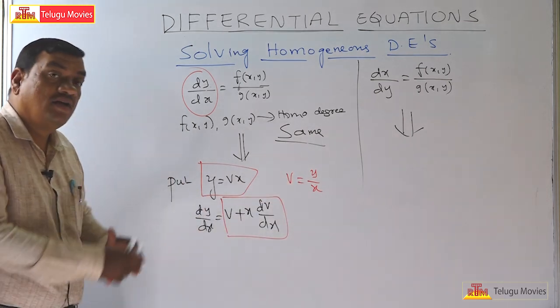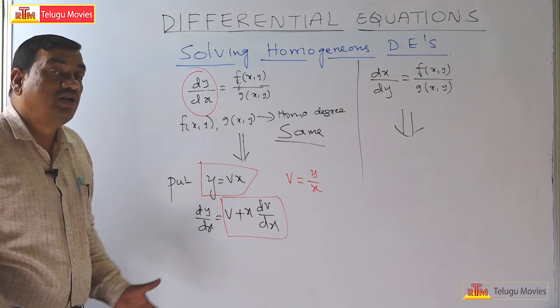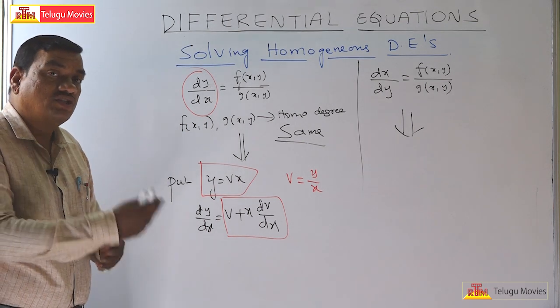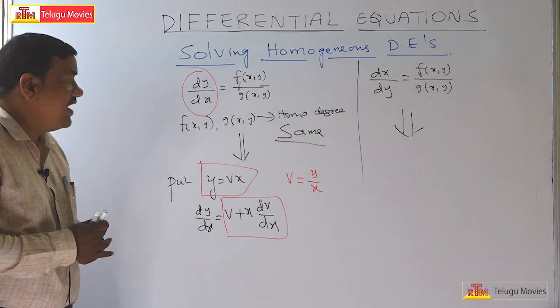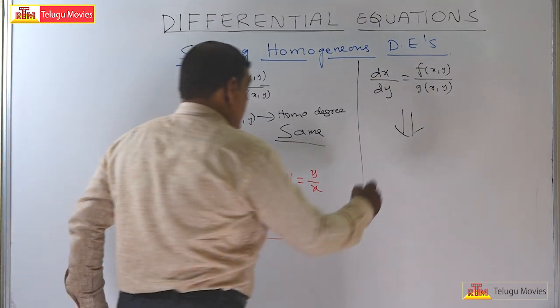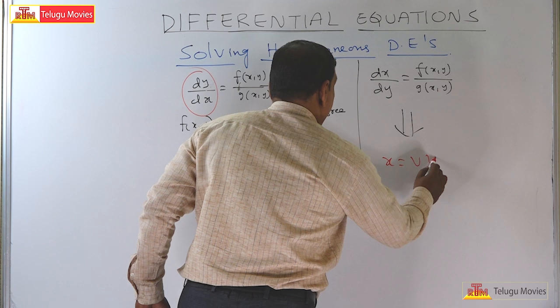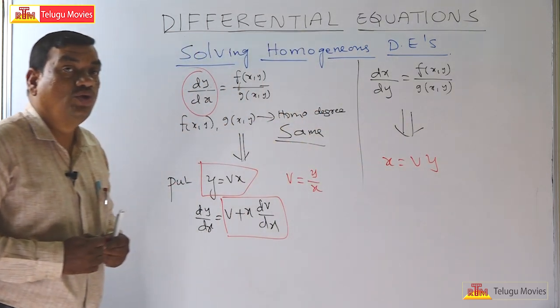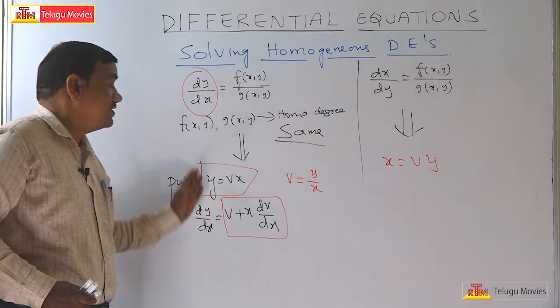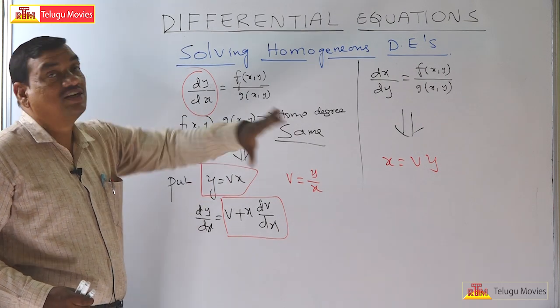After the substitution, you will get the equation into variable separable form, and then we can solve the problem easily. But in the other type, what do we substitute? x is equal to vy. Here y is equal to vx, there x is equal to vy.